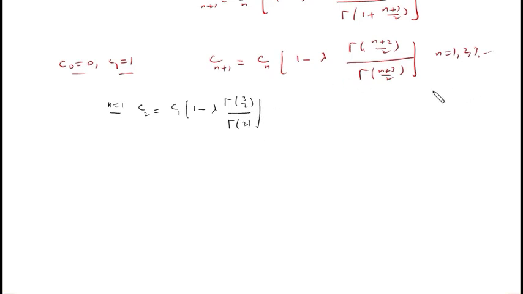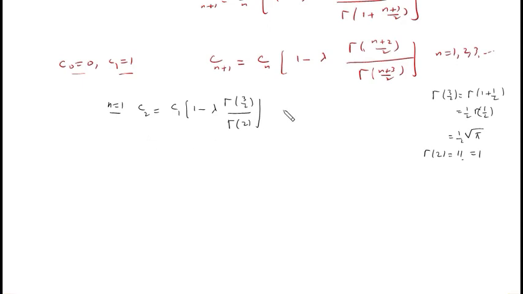Since we know that gamma of 3 by 2 can be written as gamma of 1 plus 1 by 2, which is 1 by 2 gamma 1 by 2, and it is equal to 1 by 2 square root of pi, and gamma of 2 is equal to 1 factorial, which is 1.